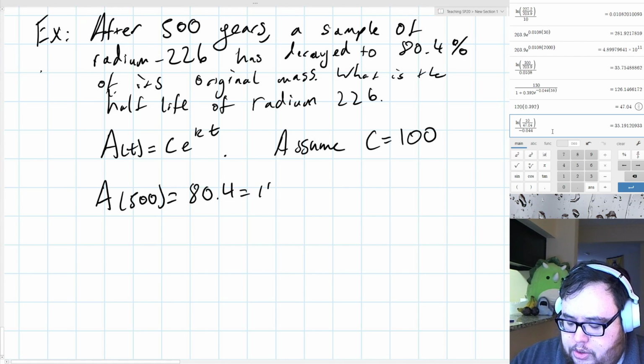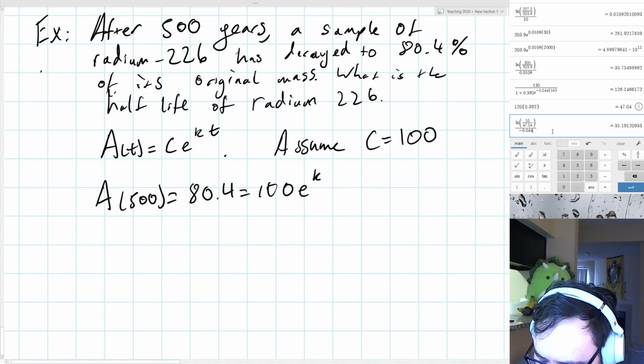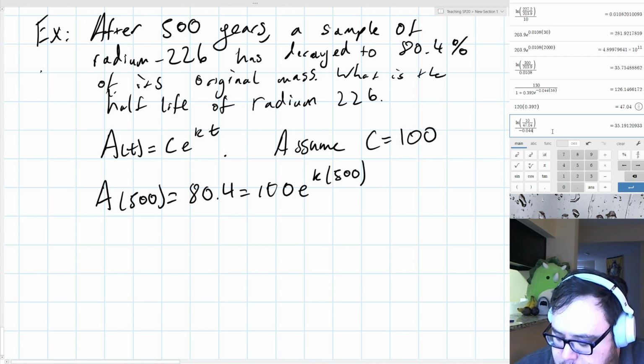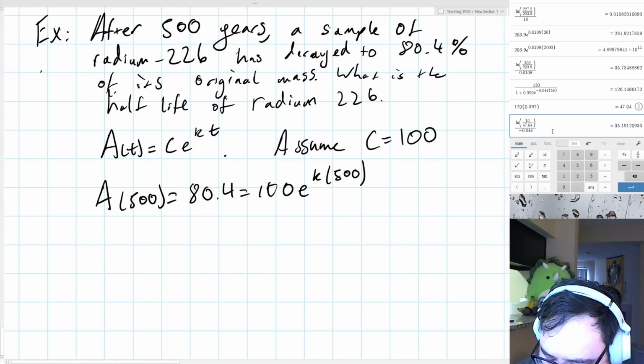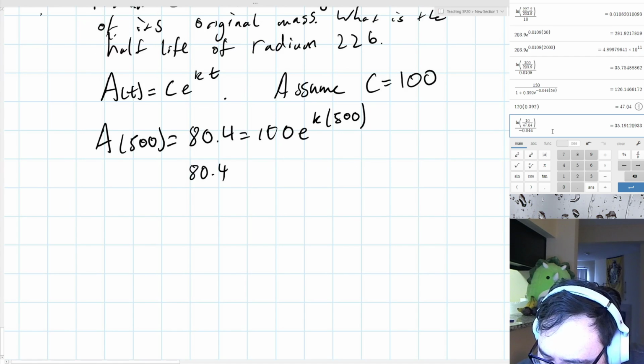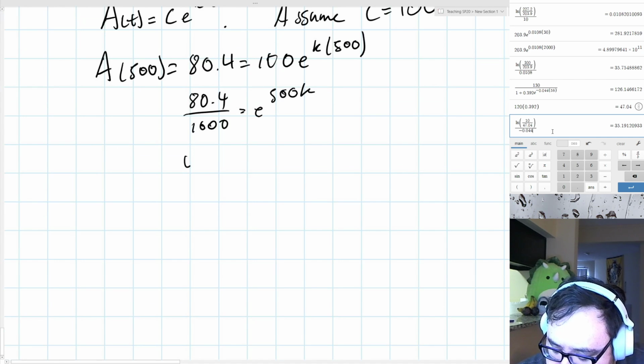Which is equal to 100e^(k times 500). We can divide both sides by 100 to get 80.4 over 100 is equal to e^(500k), or 0.804 is equal to e^(500k).